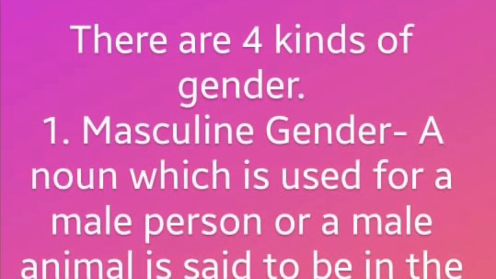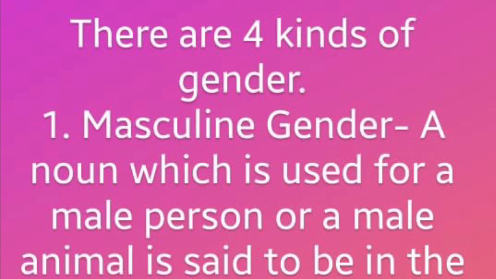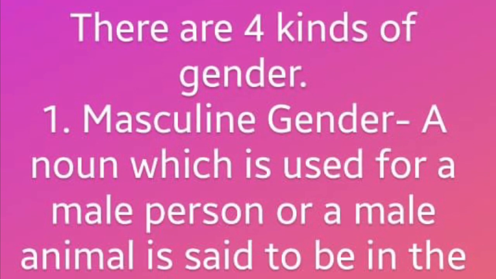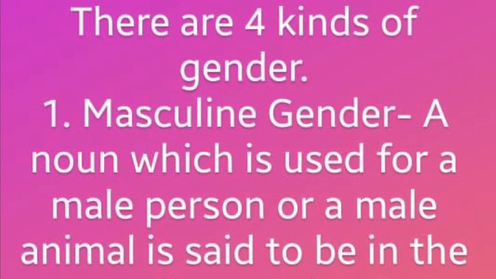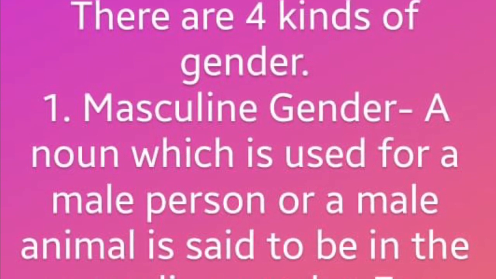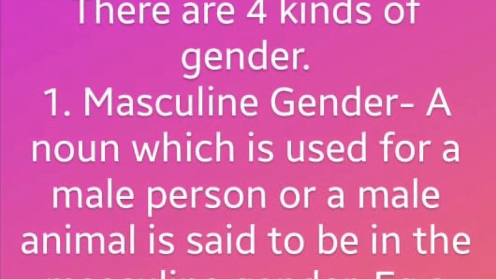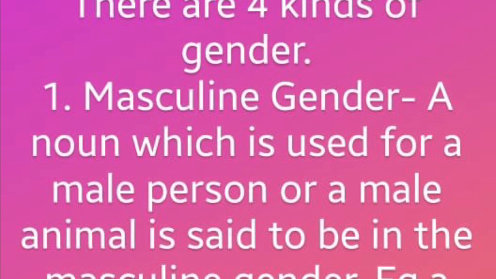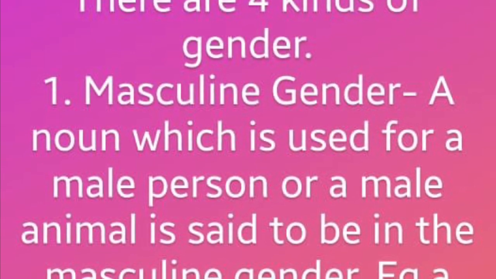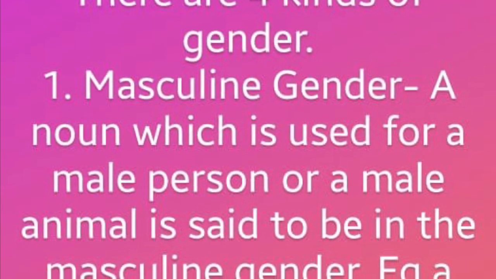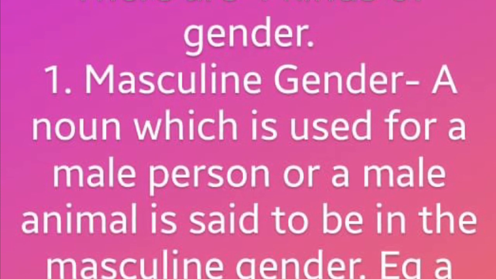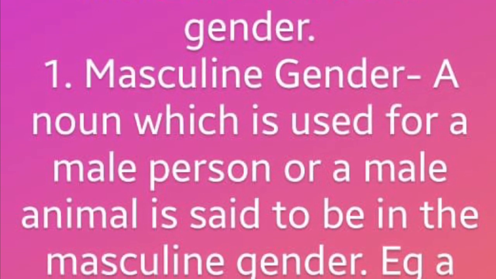So what do you understand from masculine gender? See, a noun which is used for a male person or a male animal is said to be in the masculine gender. So what does it mean? It simply means that masculine is the one which represents a male person or a male animal.